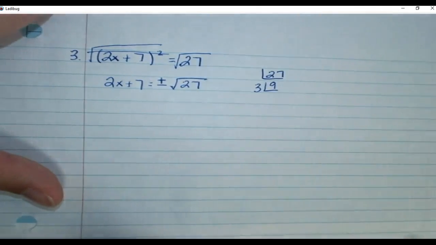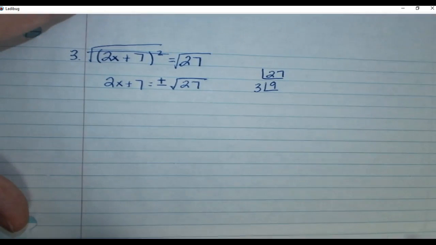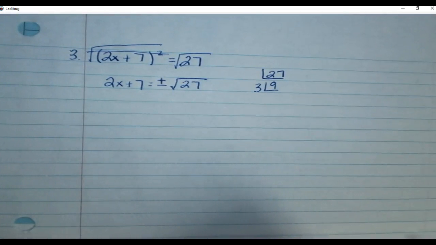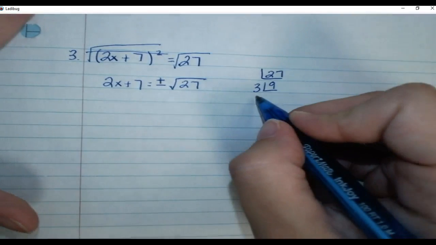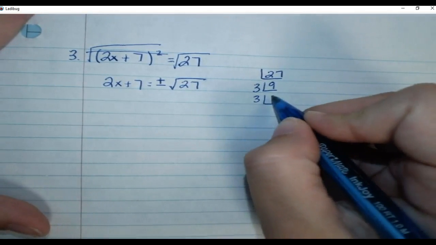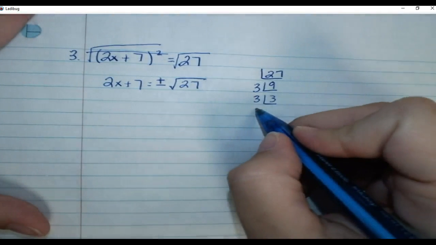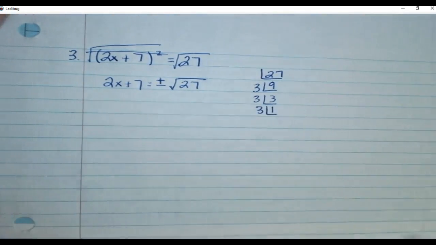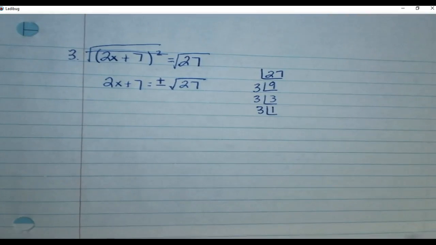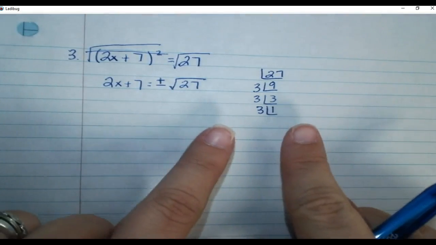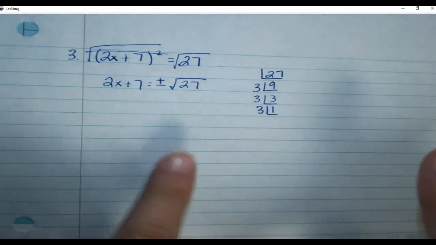Good. 9 times. How about 9? 3 again. How many times? 3. Good. And now 3's prime. So 3 and 1. Any questions on this part? I know some of you were out the other day.